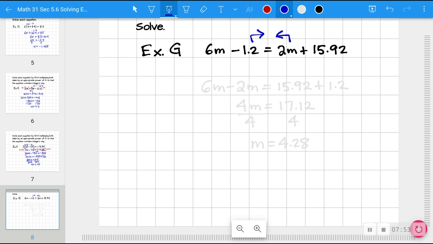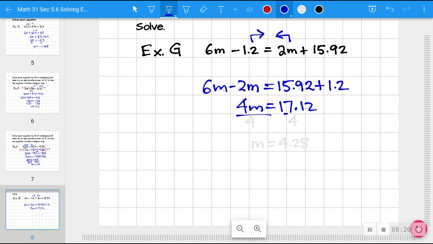So I'll just bring these over just like they are, and I won't change anything as far as the number of decimal places. So let's see, I've got a 15.92 over here. And I'll be adding, because it's coming across the equal sign, a 1.2. The left side simplifies to 4m, and the right-hand side, if you add it up, goes 17.12.